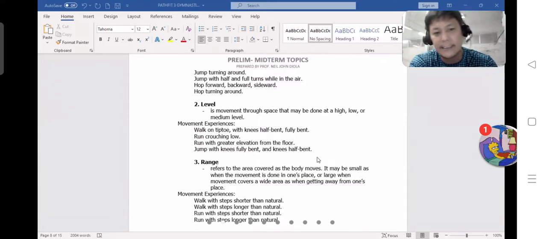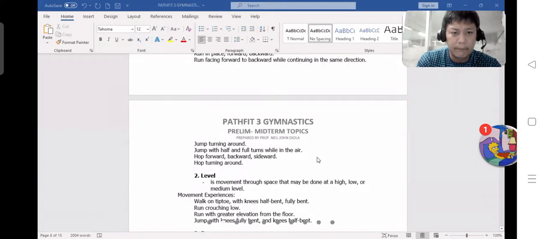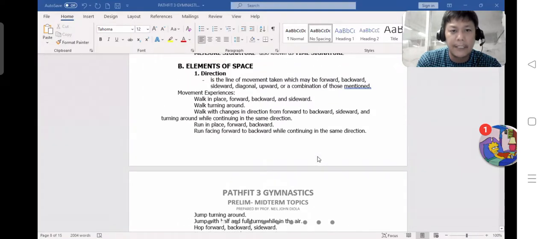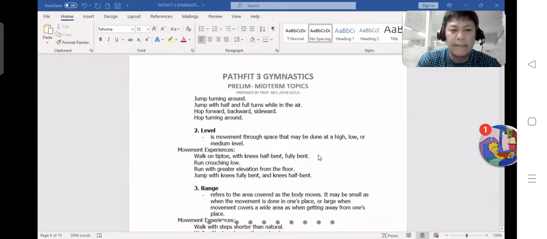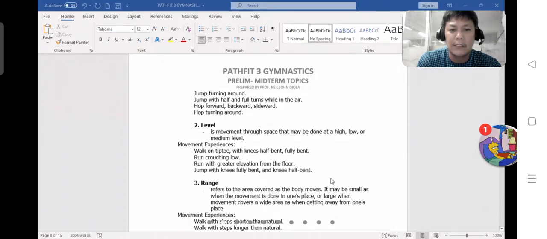Okay, so next is the level. Another element of space is what we call the level. When we talk about level, guys, this is the movement through space.